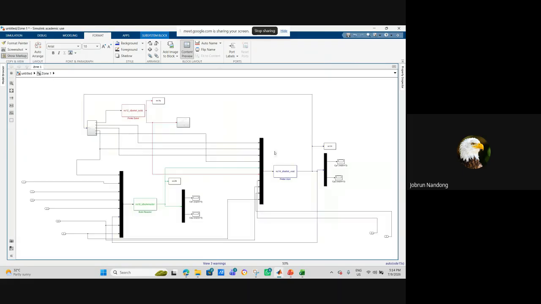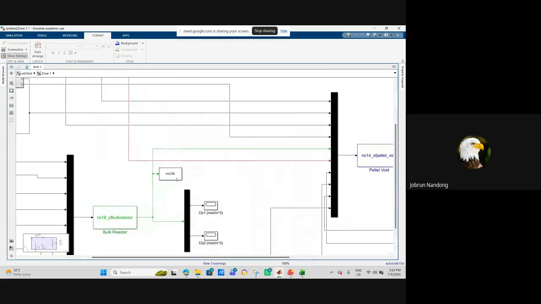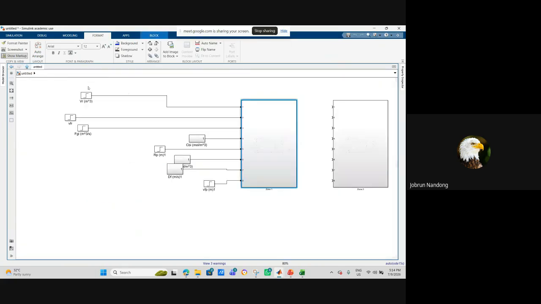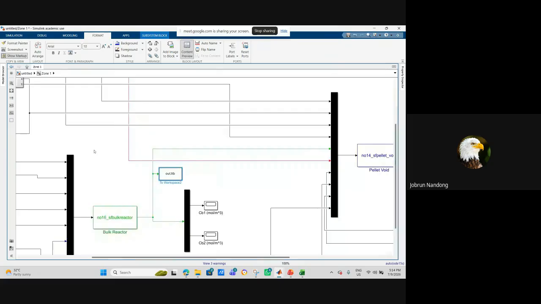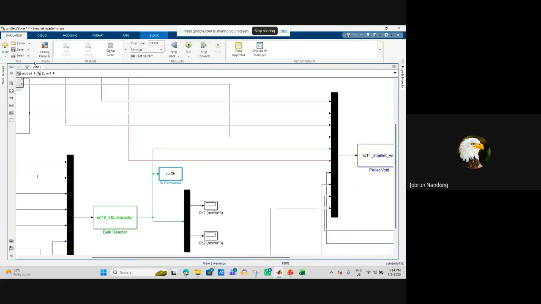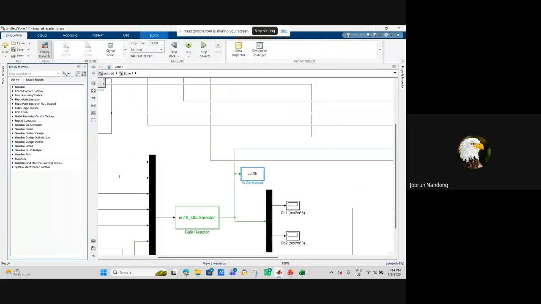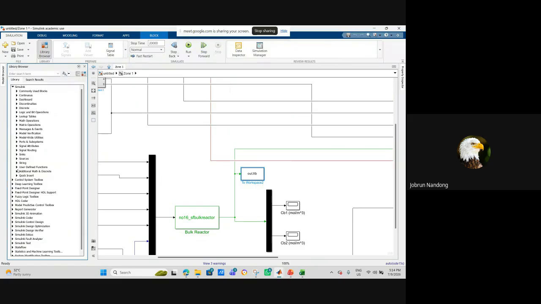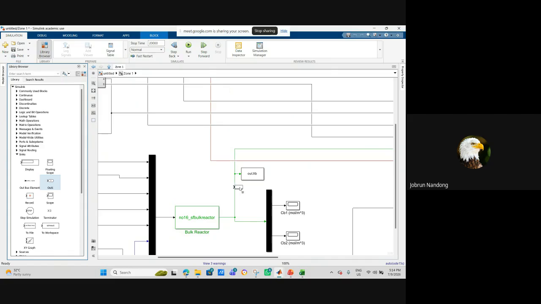Okay, so what we need to do is take out the CB1. Which one is CB1 just now? This one, right? So I'm going to create an output there. You go to Simulink and get this one out. Put it here. Drag one of these here.